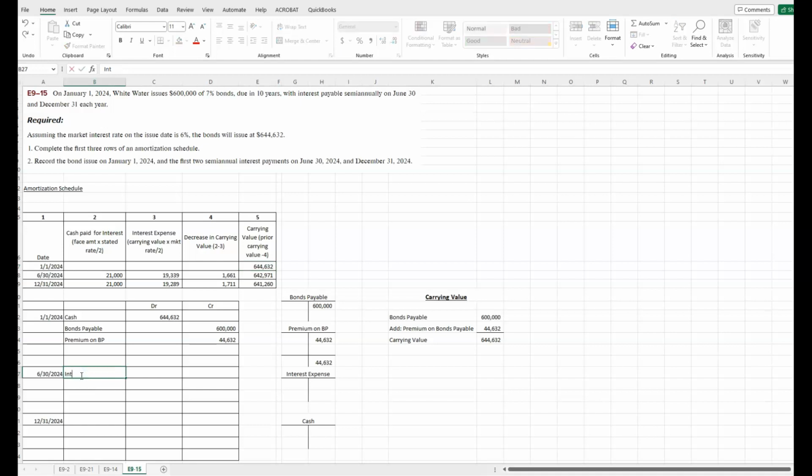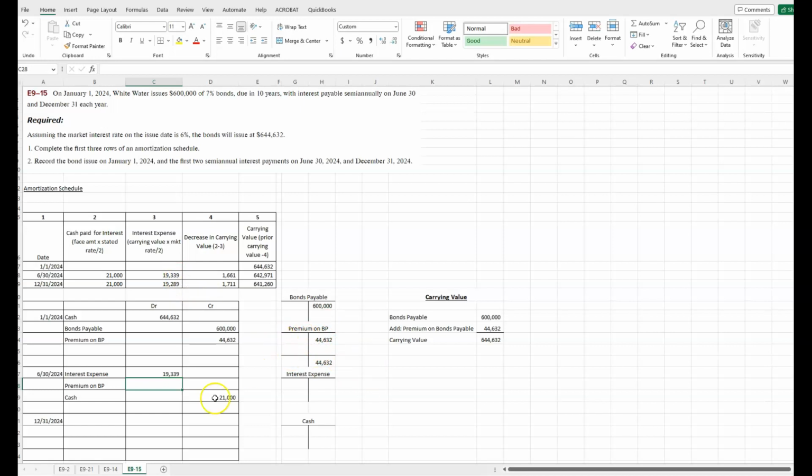First interest payment. We've got interest expense. We have to do something with premium on bonds payable, and we have cash. Well, we know what the cash is. It's always going to be 21,000. Our interest expense, we can get it from our table, 19,339. Our premium on bonds payable has a credit balance.